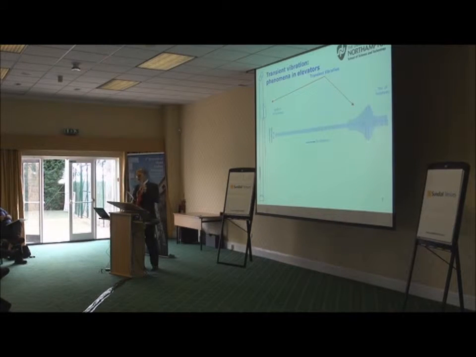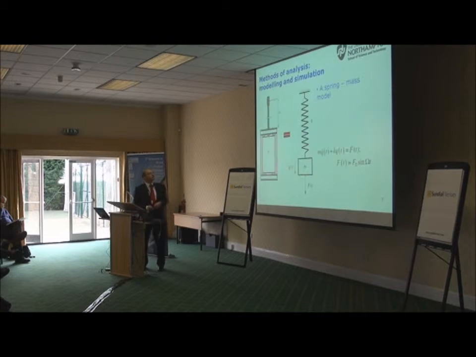And when you have transient frequencies present and excitation present, the interaction between the excitation and the natural frequency of the system is causing vibration to happen at a specific time. It could be at the top of the shaft, it could also be at the bottom of the shaft.